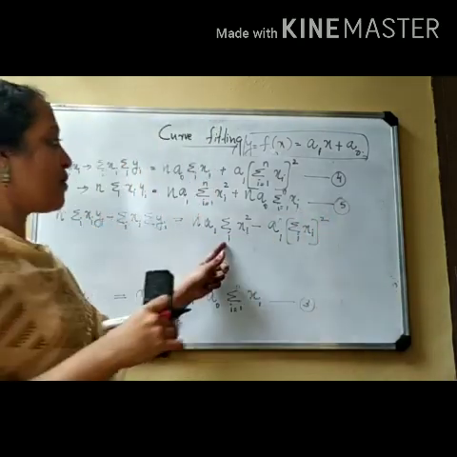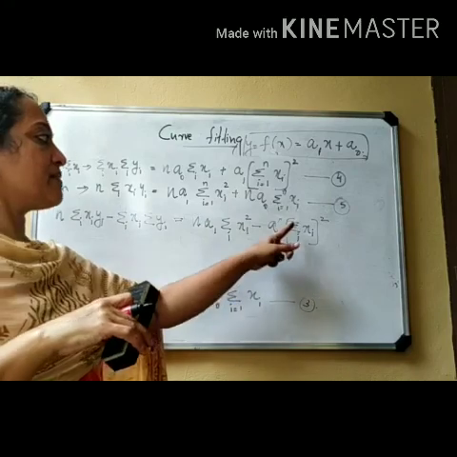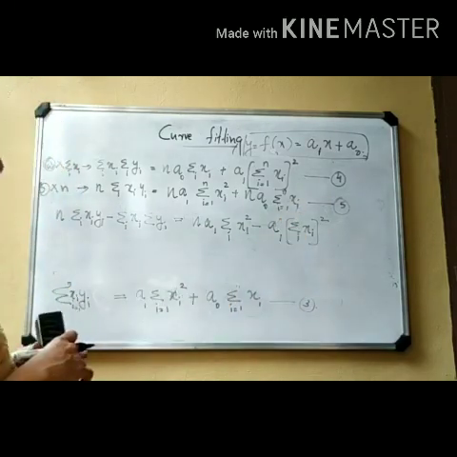This is sum of xi square and this is sum of xi the whole square.